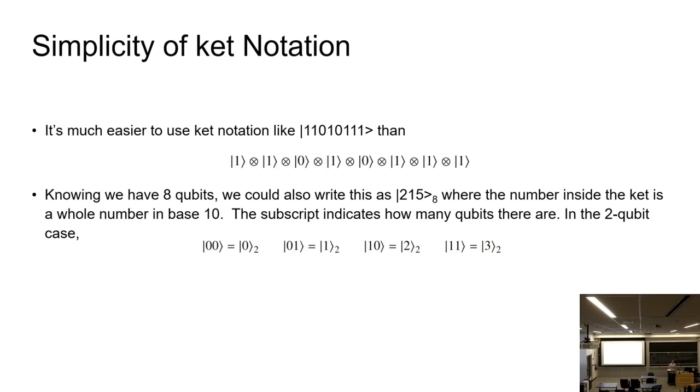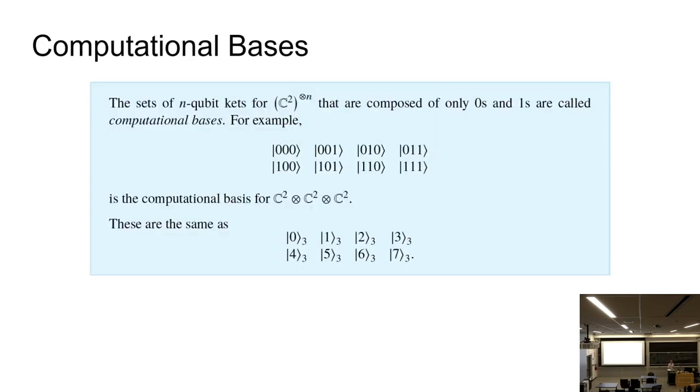And so the subscript on the outside of these types of base 10 numbered kets is just telling you how many qubits are in your system. So in the n-qubit generalization, our kets are composed of only zeros and ones, and those are called the computational bases, just like before.